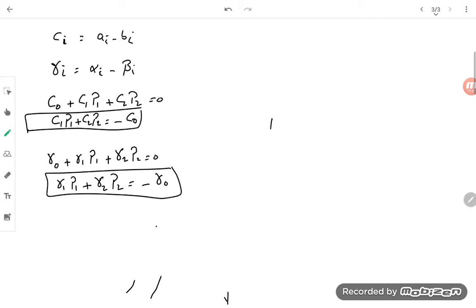By solving equation 1 and substituting in equation 2, we can find that the value of P1, which is the equilibrium value of P1 in the market, will be C2 gamma node minus C node gamma 2 divided by C1 gamma 2 minus C2 gamma 1.